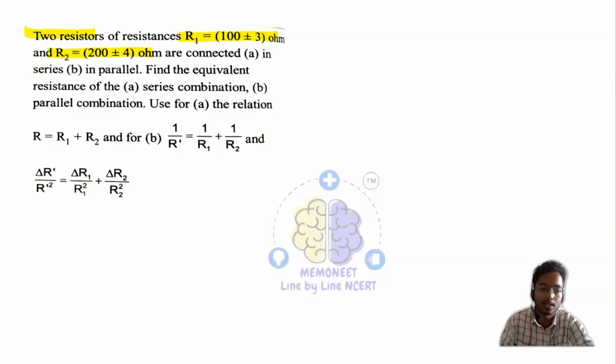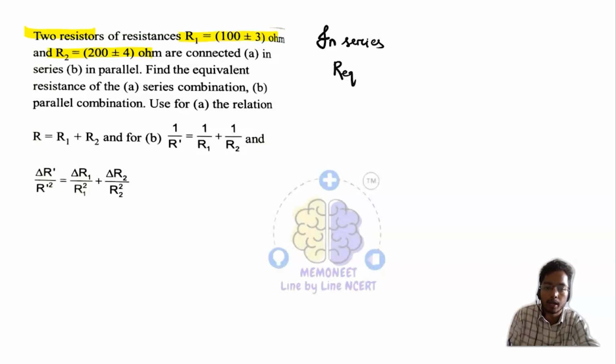So we know that in series combination, R equivalent is equal to R1 plus R2. So that is equal to 100 plus or minus 3 plus 200 plus or minus 4.